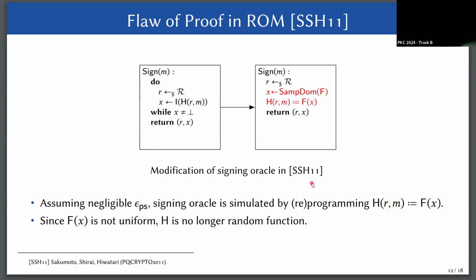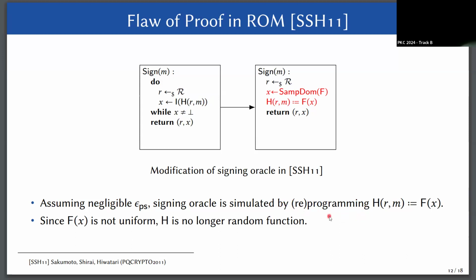Before going to my proof, I'd like to introduce a flaw of the existing proof by Sakamoto. They assume negligible epsilon PS and try to simulate the sign oracle by using programming or reprogramming. They have the same meaning, the same effect.